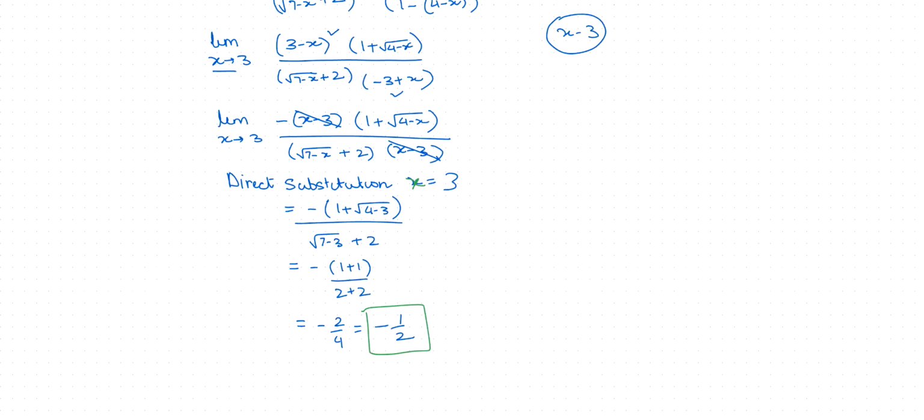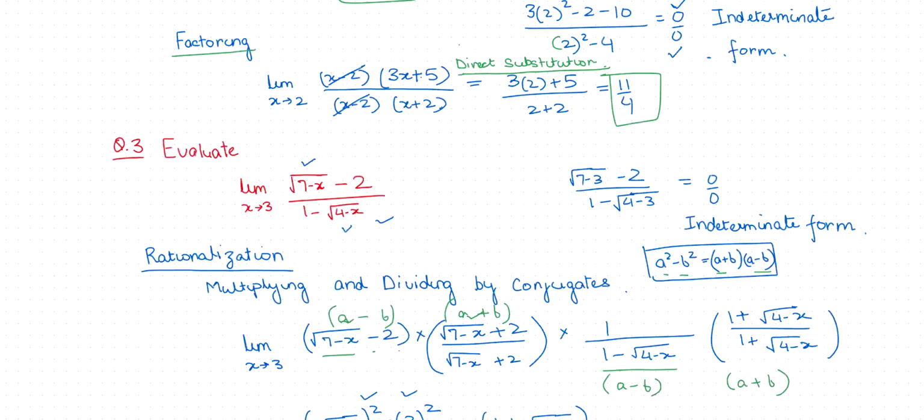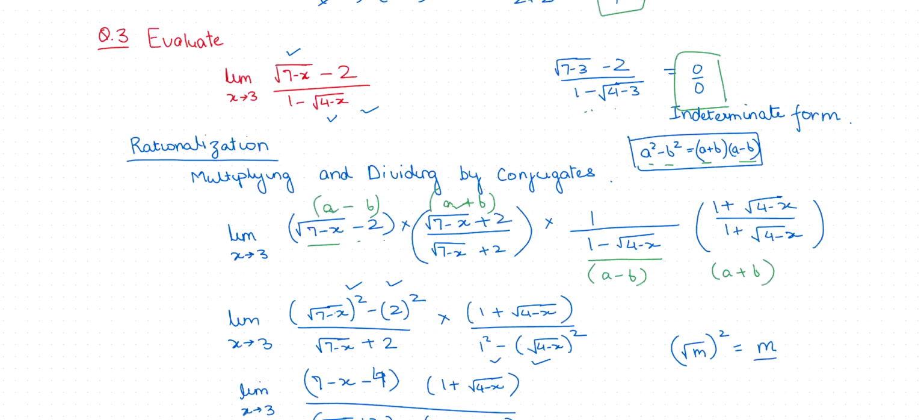In this question, when we saw the radical sign, we tried putting x equal to 3 and got the indeterminate form. We multiplied by the conjugates, and we know a plus b times a minus b is a square minus b square.